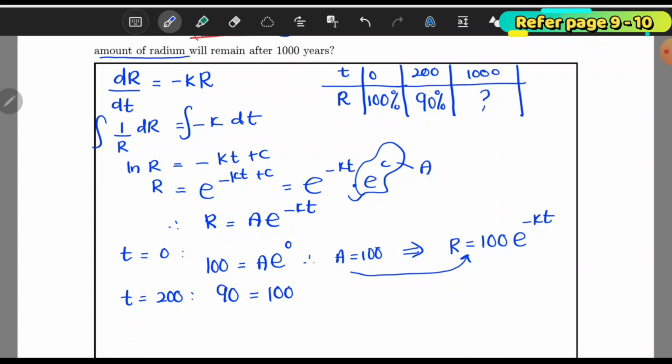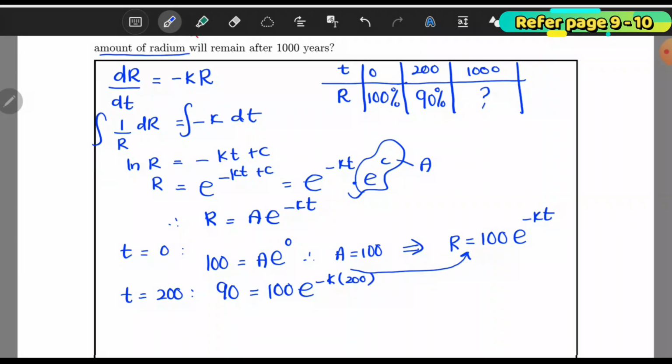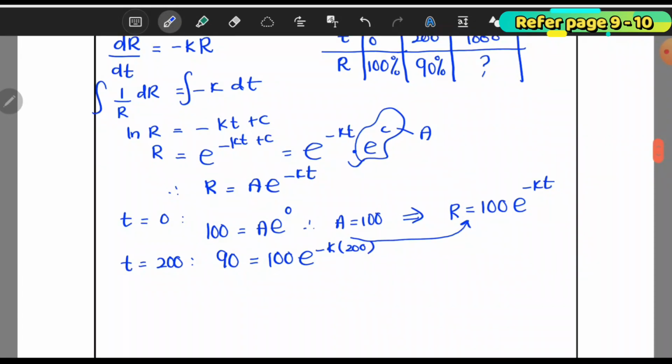So 90 equal to 100 exponent negative k times 200, because t now is 200. By rearranging the numbers here, we have exponent negative 200k equal to 9 over 10. And then negative 200k is ln 9 over 10.